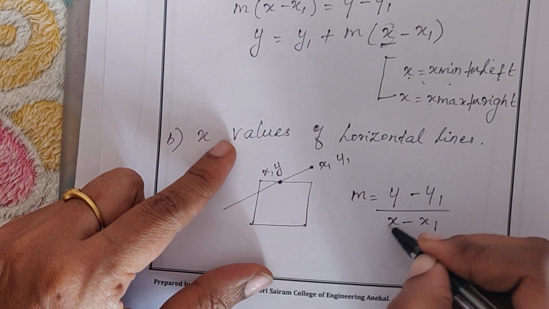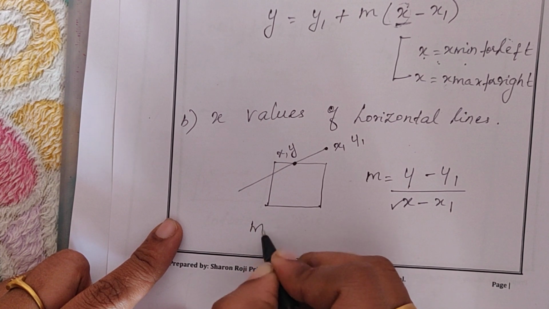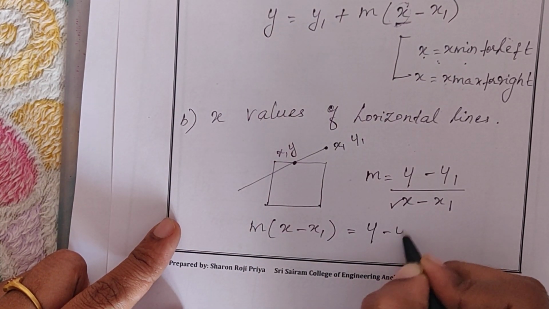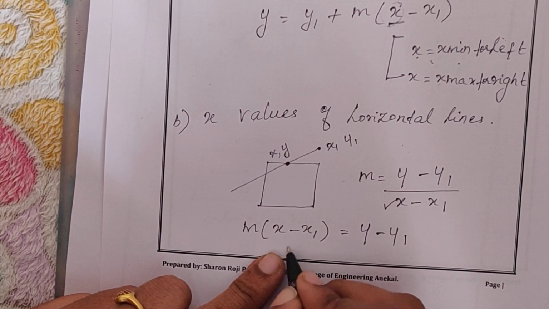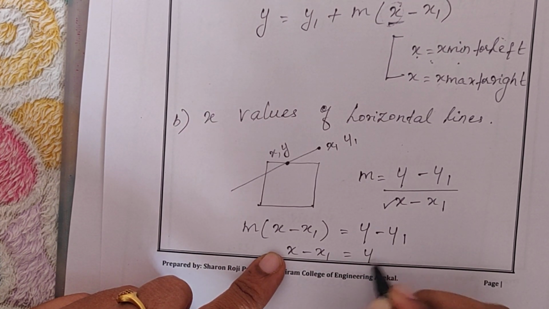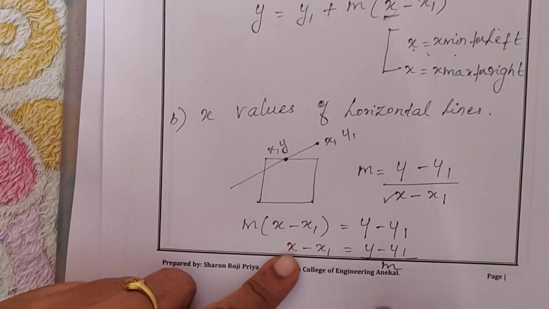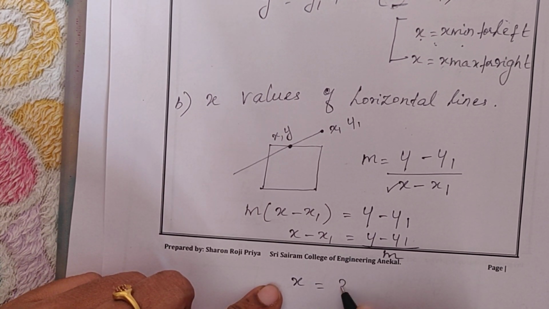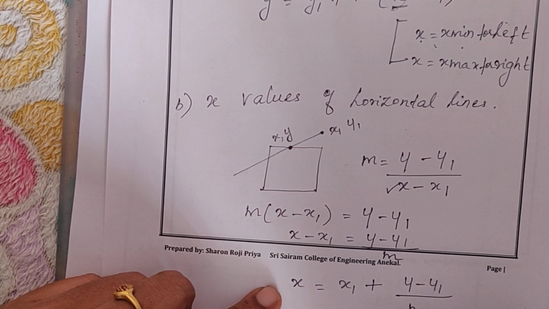So how to calculate x? m into (x minus x1) is equal to y minus y1. From this, x minus x1 is equal to (y minus y1) by m. So x is equal to x1 plus (y minus y1) by m.